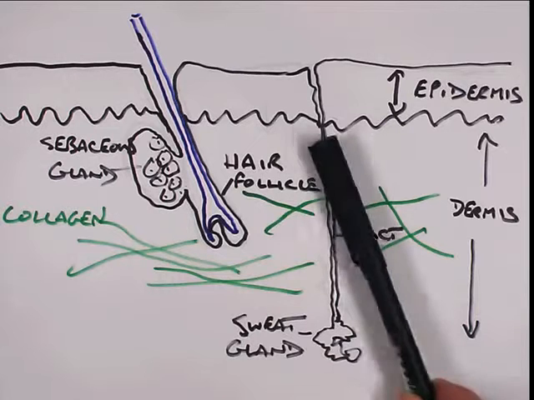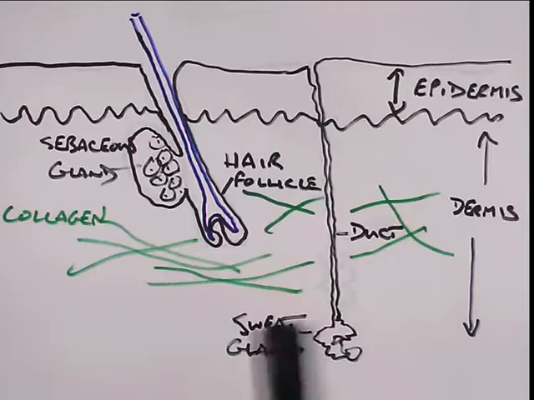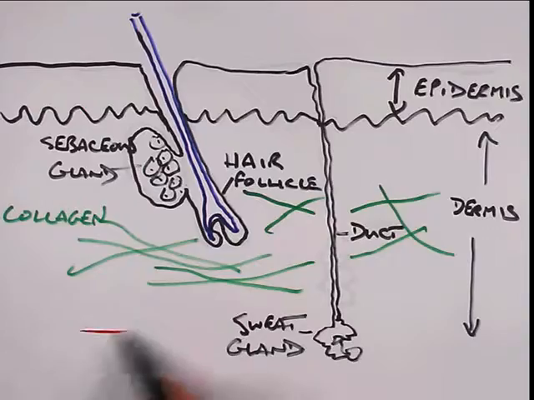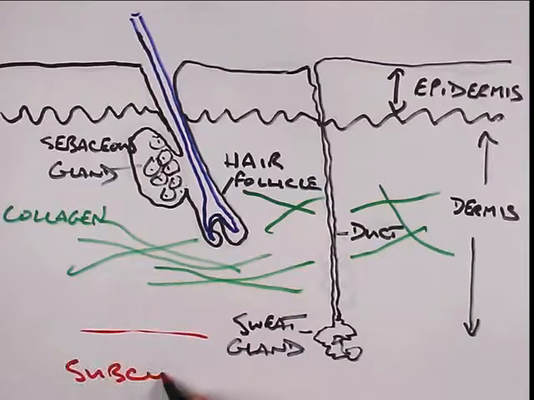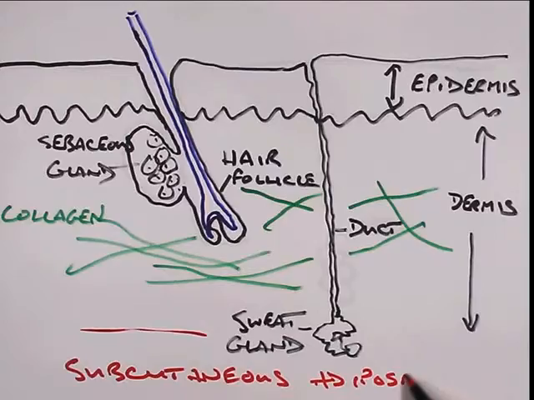And so the presence of these components deep in the dermis is important when skin is in its regenerative phase. So we have the sweat gland, the secretory bits here, and then beneath the skin, down here, we would have the subcutaneous adipose layer, fat. The hypodermis.